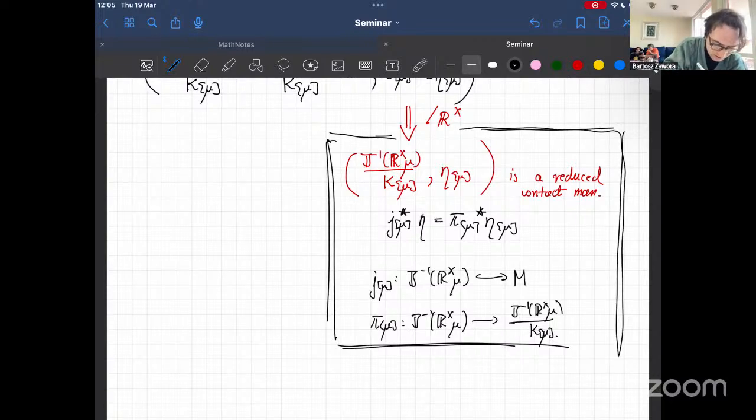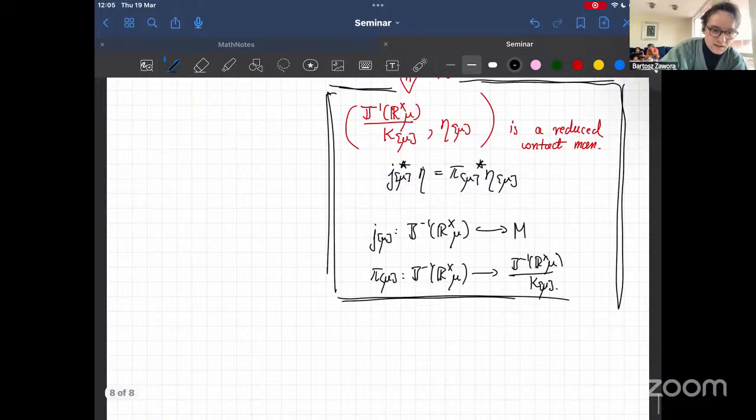works for every Lie group that leaves the contact form invariant. So recently, I don't know, a year or 2 years ago, there was an approach by Janusz Grabowski and Kasia Grabowska to generalize this reduction, the Willett reduction, to the non-coorientable case.